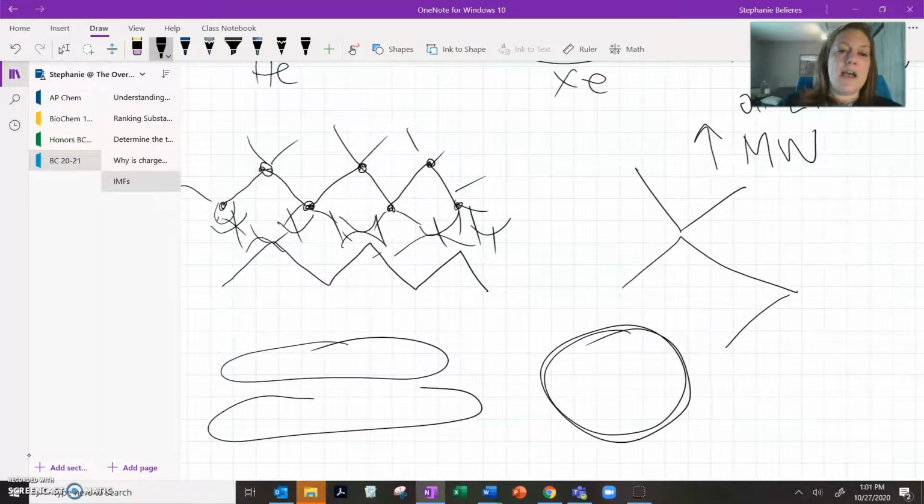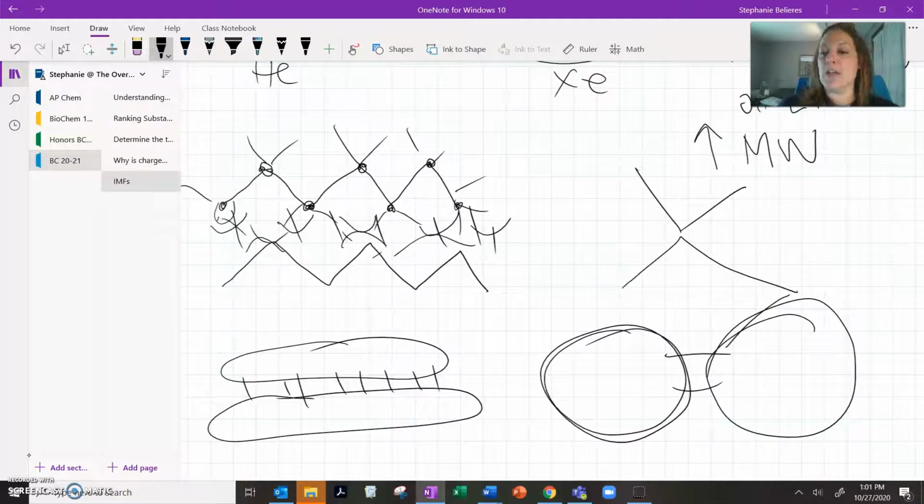So if I have two of these guys, there are only a couple of places to have LDFs. The number of times these guys are going to engage in London dispersion forces and hold themselves together is far fewer than for a long skinny one. So this guy would have stronger London dispersion forces than something like this, even though they have the same number of atoms and the same types of atoms.